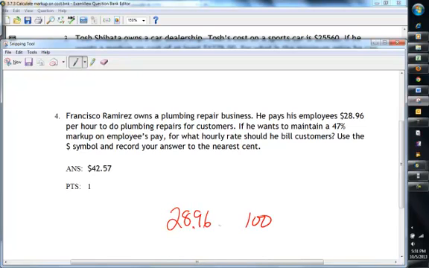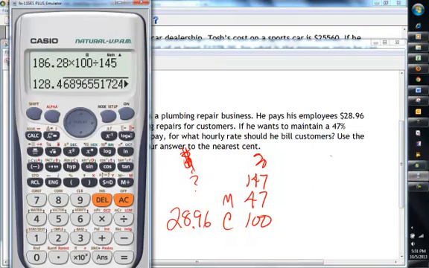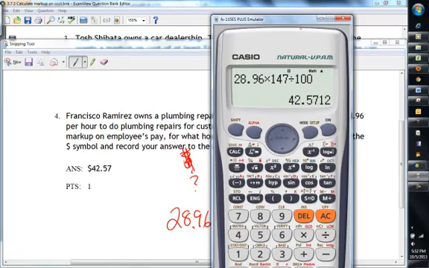That's his 100% based on cost. His employees cost him $28.96. He wants a markup of 47%, so he's going to have to charge the customer 147%. How many dollars is that? Okay, so cross multiply and divide: 28.96 times 147 divided by 100 gives us 42.57.